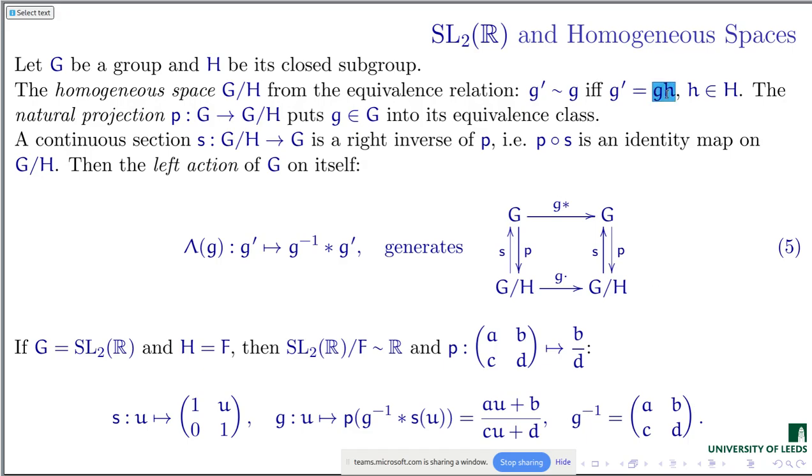If we have a group and a subgroup H, we can introduce an equivalence relation, saying that two elements of the group are equivalent if they differ by right multiplication by an element from the subgroup.